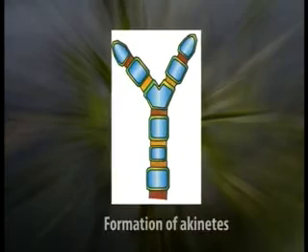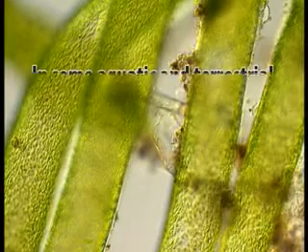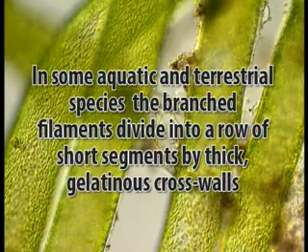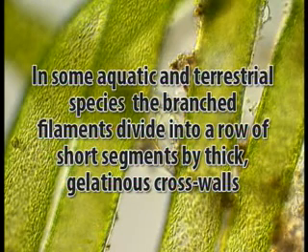Now, another method of asexual reproduction is formation of akinetes. In some aquatic and terrestrial species, when exposed to greater desiccation or low temperature, the branched filaments divide into a row of short segments by thick gelatinous cross walls.